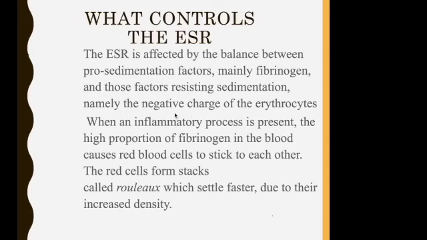This is the ESR. So what controls it? There are some factors which are pro-sedimentation, which are pushing the RBCs to precipitate, such as fibrinogen. And there are other factors which are pushing the blood away from sedimentation, and that is the negative charge of erythrocytes. Erythrocytes are negatively charged.